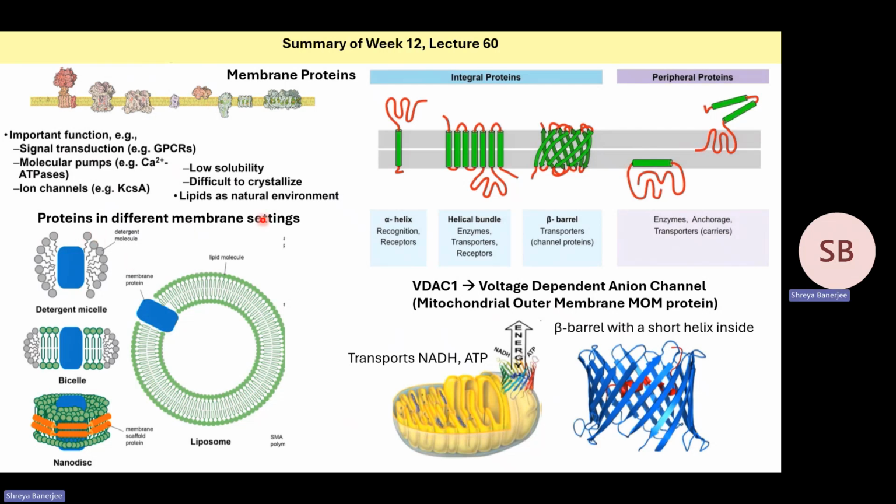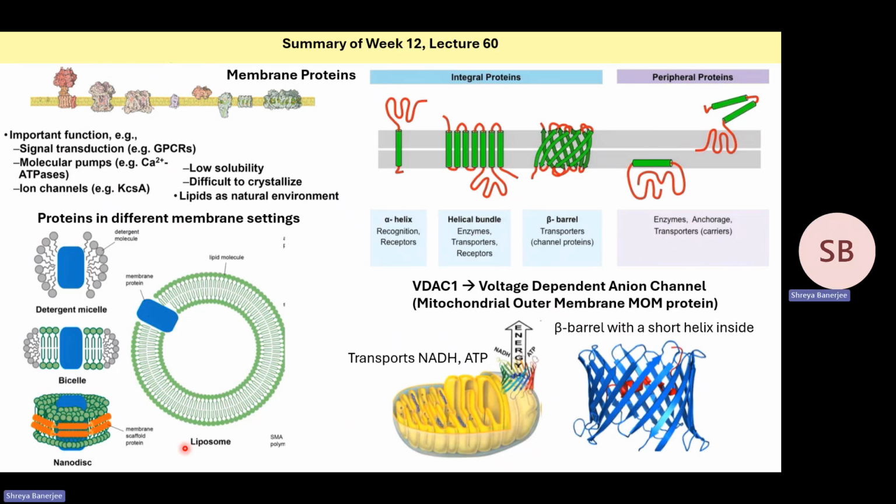This can be done in different ways. We can make a detergent micelle by adding detergent molecules to the protein. We can make a bicelle like this, or we can make a nanodisc where the protein is kind of surrounded by two discs of lipids.